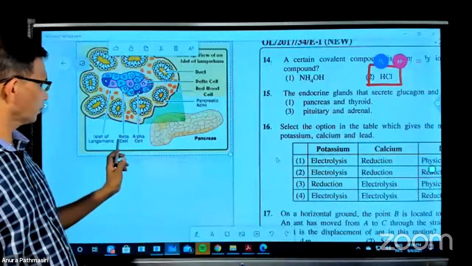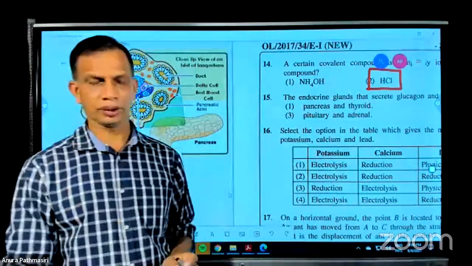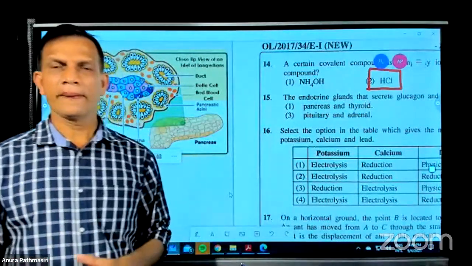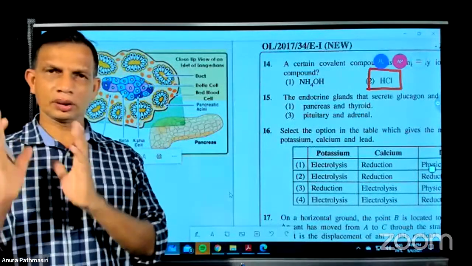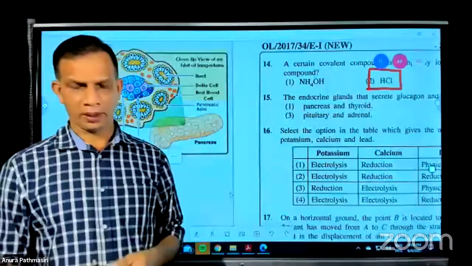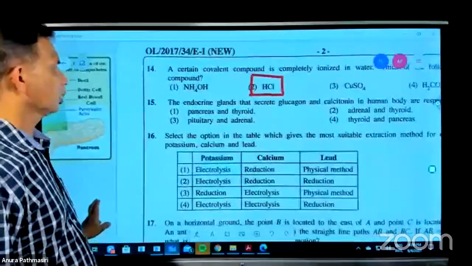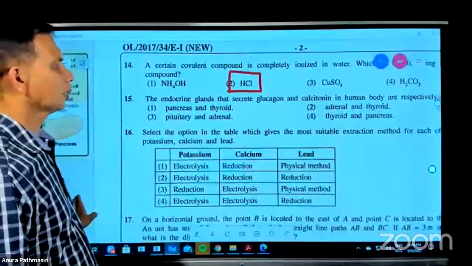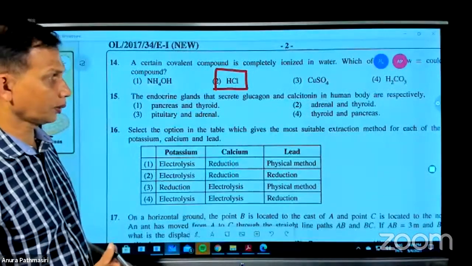The alpha cells and beta cells secrete glucagon and, sorry, insulin. Insulin converts glucose into glycogen, and glucagon converts glycogen back into glucose. So the answer we need is the endocrine glands that secrete glucagon and calcitonin in the human body.